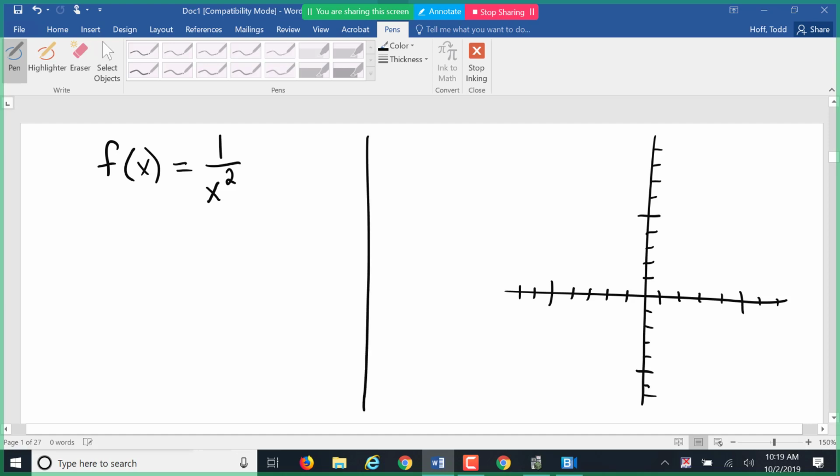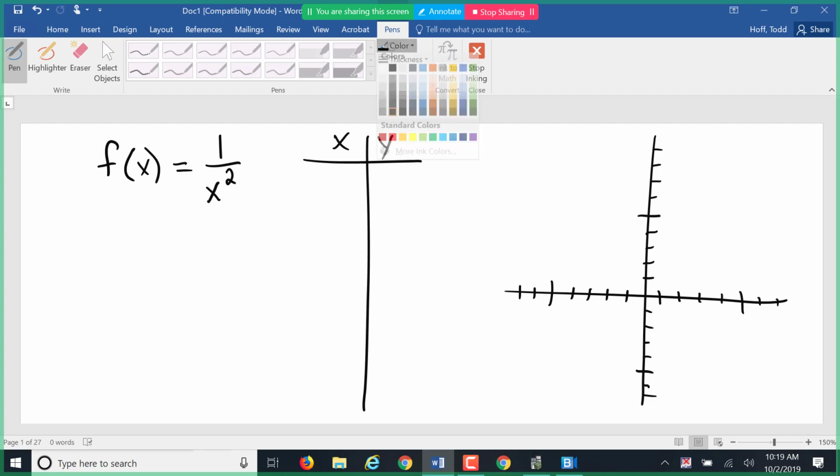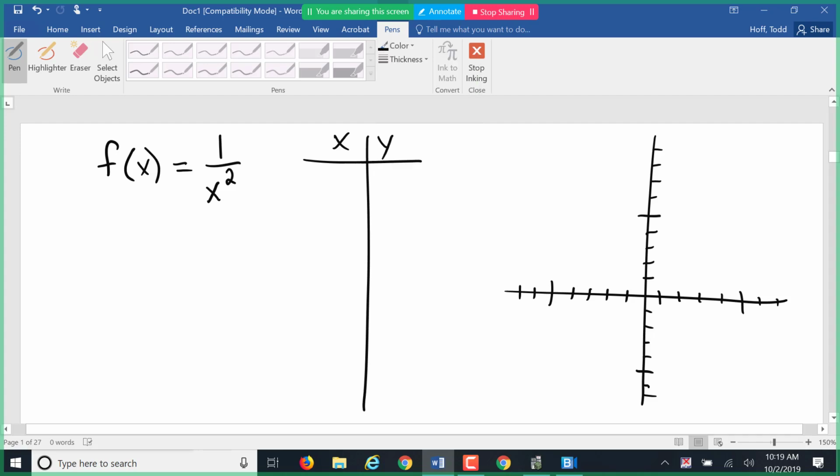So make a table, put in values for x and y, and come up with that graph. We're going to pause the video here so we got a minute left, and you can work throughout break. We'll go over this problem at 10:30.